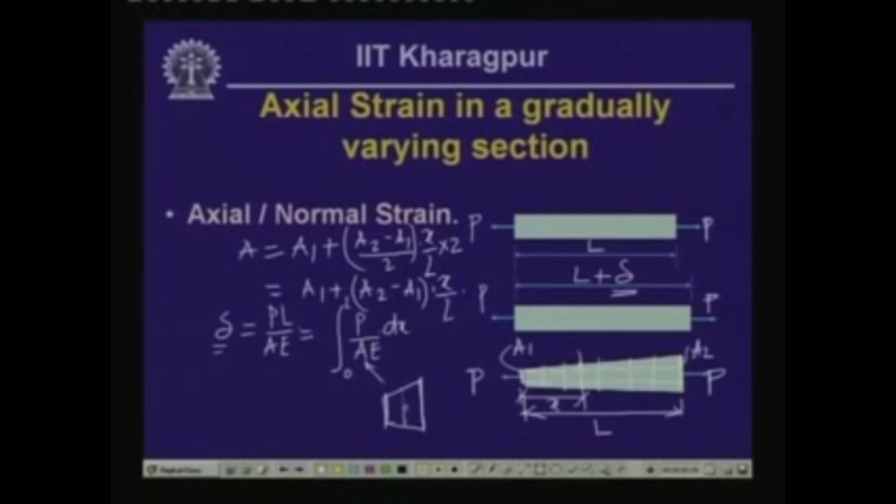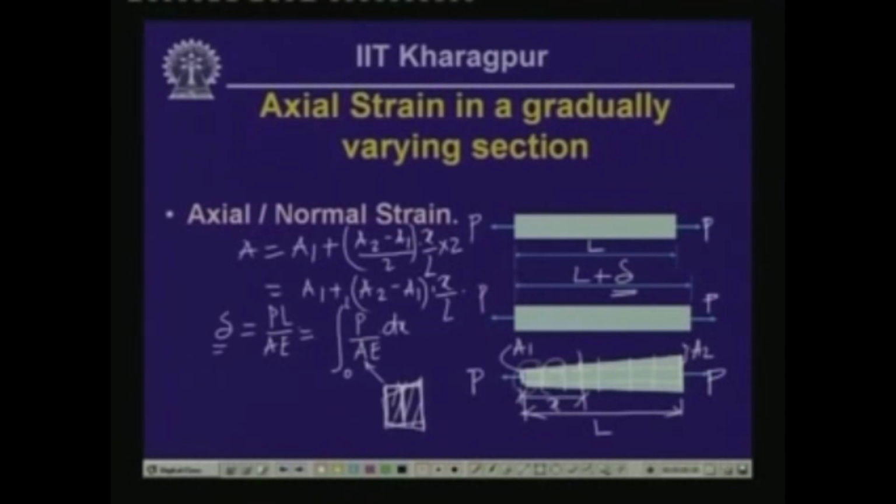On an average here, we can say the area is the average of this area plus this area by 2, which is constant over this particular segment. Here we are adding something, here we are subtracting something. So, on an average this satisfies for the whole segment. So, if we compute delta for this particular segment, likewise we can compute delta for each of these segments, and if we sum them up we get the total delta for the whole of the bar.